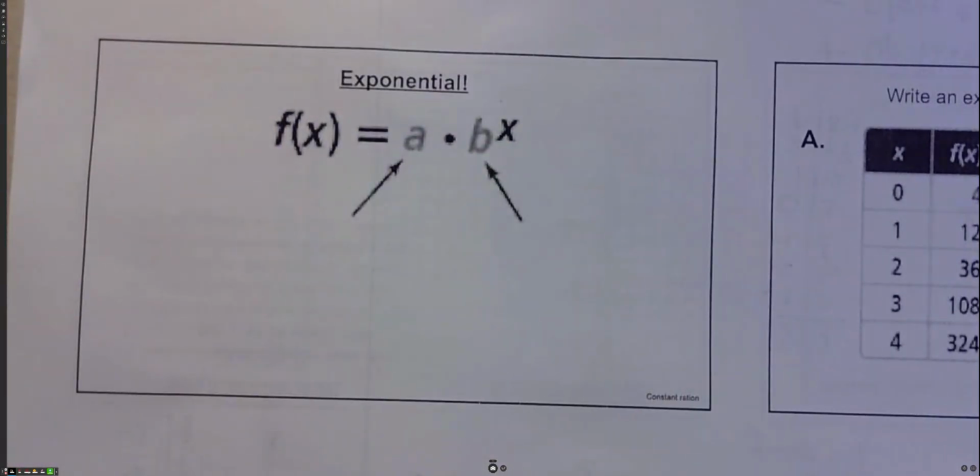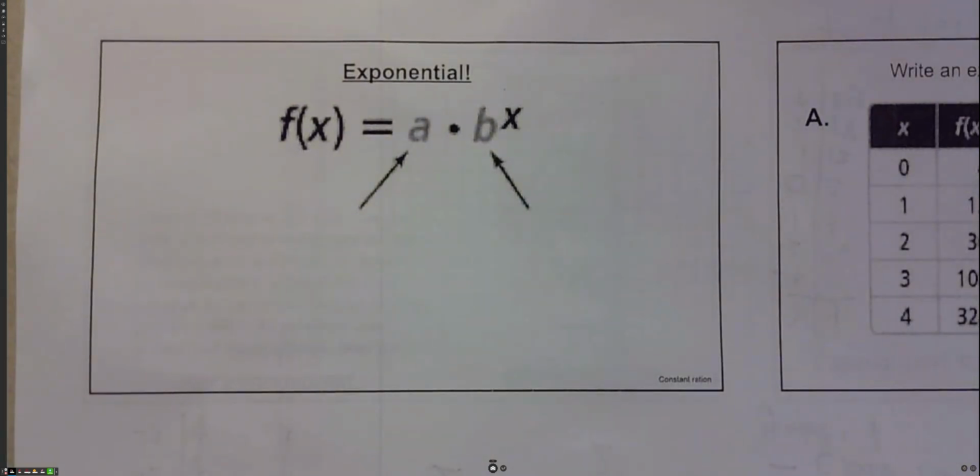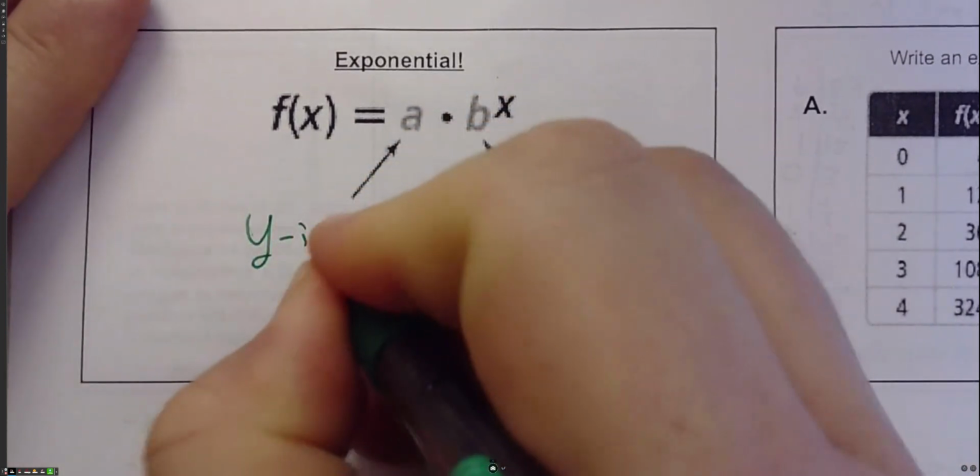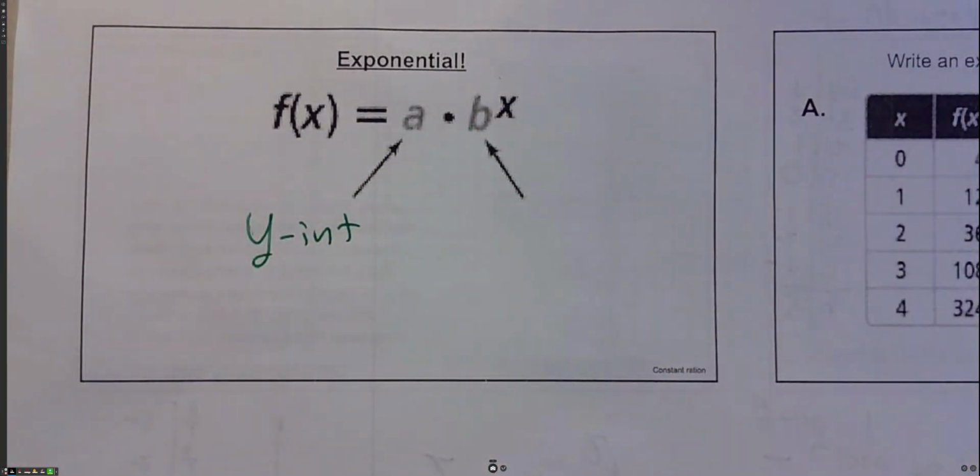So now we can talk about what these different parts are. What is that A? It's my y-intercept. What is my B?